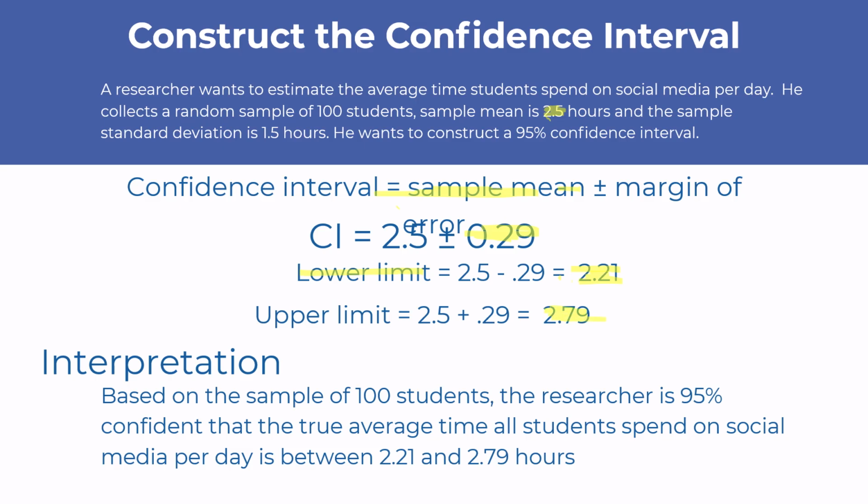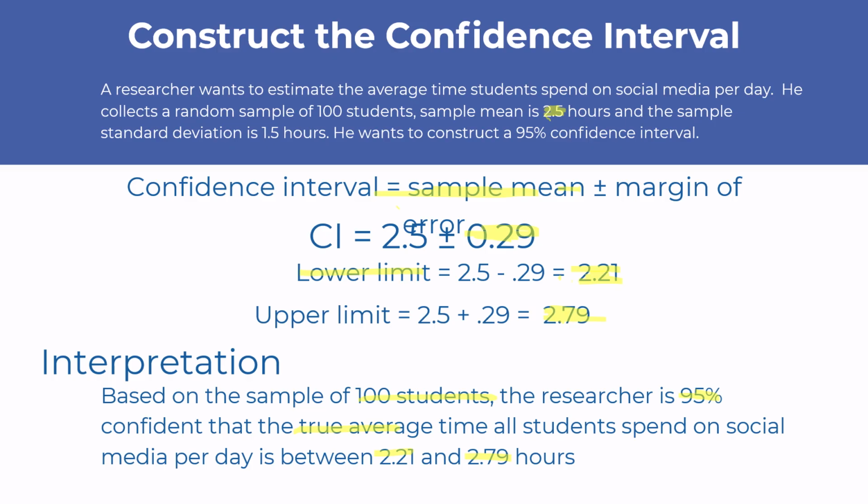Okay, so how do we now interpret these values? So based on the sample of 100 students, this is how you write it. Based on the 100 sample students, the researcher is 95% confident that the true average time all students spend on social media per day is between 2.21 and 2.79 hours.